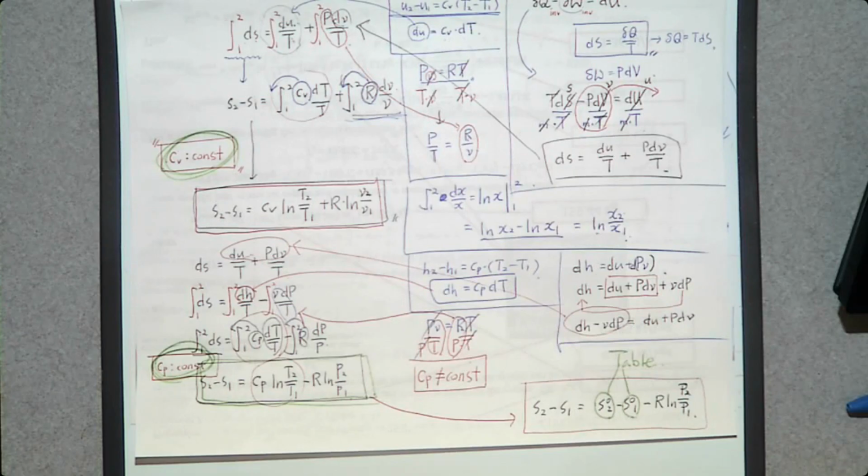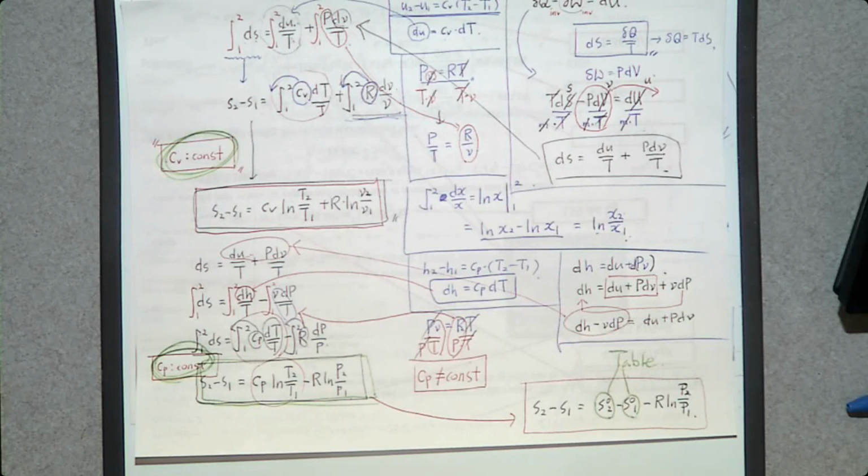Then which one you are going to select depends on the information you know between the initial and the final state. If you know the initial pressure and the final pressure, then this will be much easier than using this one, because in this case you need to recalculate volume, right? So depending on the properties that you know, you can select one of these two.